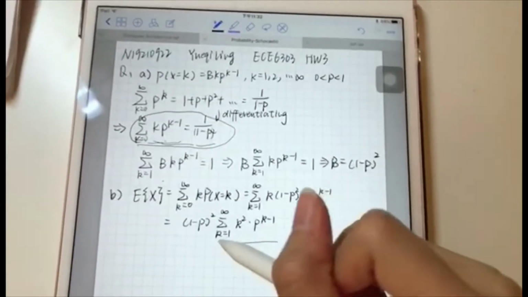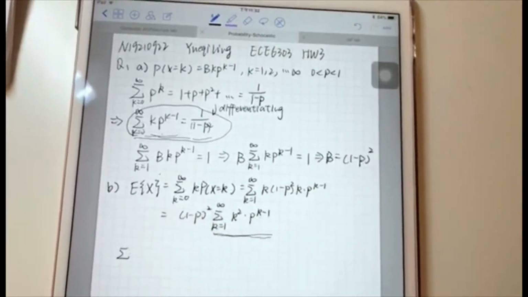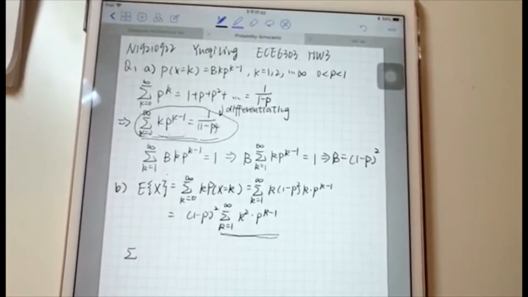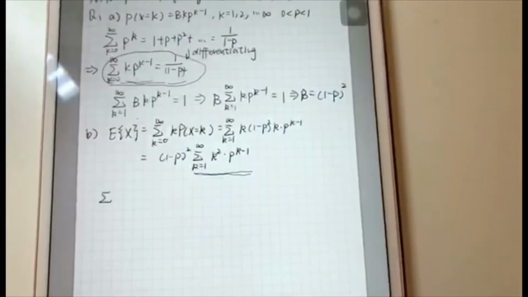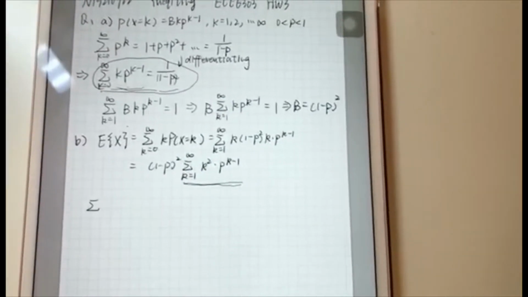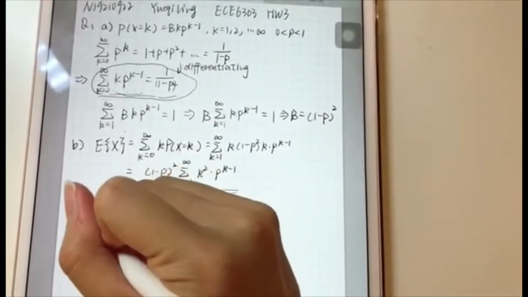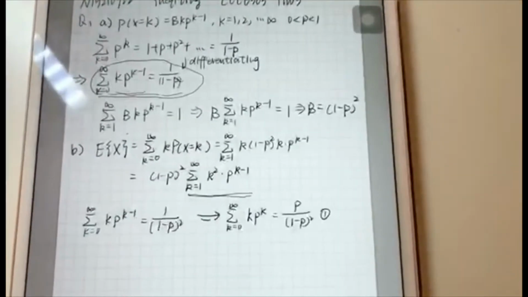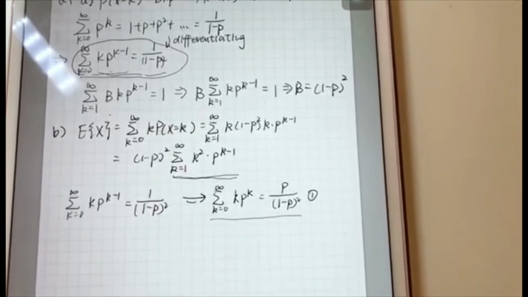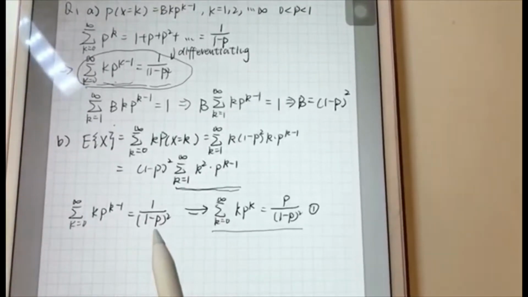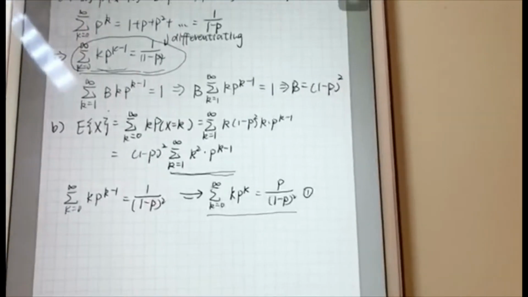In order to get the value of this one, at first we multiply p on both sides of this expression, so we get expression 1, which is this expression multiplied by p on both sides.